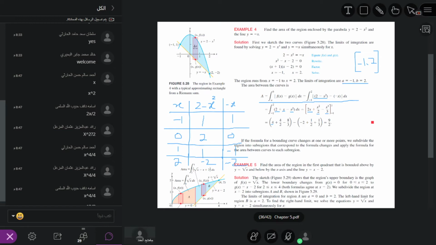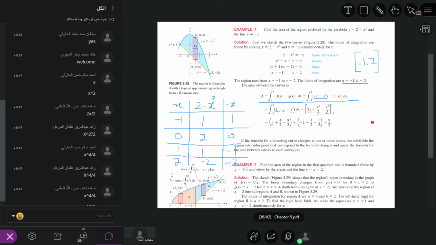So 1 divided by 2, minus minus 1 power 3, which is minus 1, so minus 1 over minus 1 gives 1 by 3. Whenever we simplify this, we get 9 divided by 2.